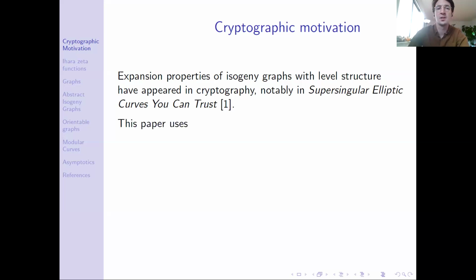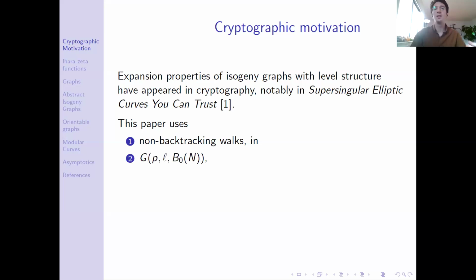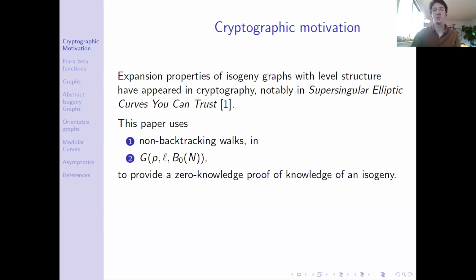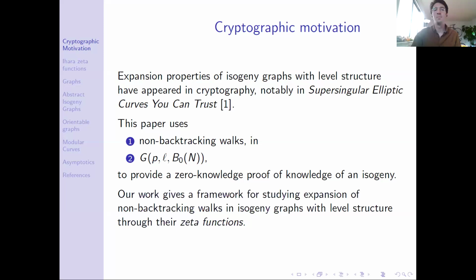In particular, that paper used expansion properties of non-backtracking walks, rather than just any walk, in the isogeny graph with Borel level structure. And they use this to provide a zero knowledge proof of knowledge of an isogeny, right? So this is the cryptographic motivation for studying these expansion properties.